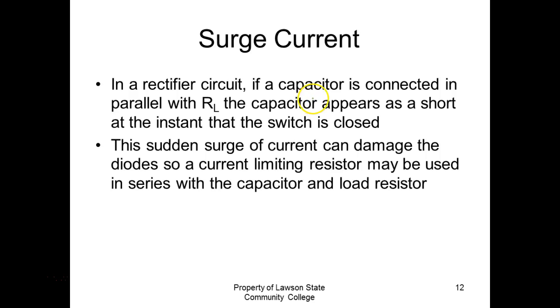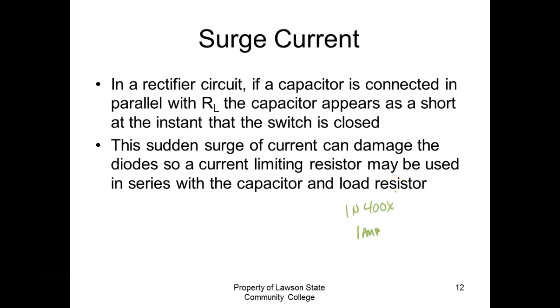By the way, when we have surge current, if a capacitor is connected across the load in a rectifier circuit, the capacitor appears as a short. At the instant the switch is closed, the sudden surge of current can damage the diode, so a current limiting resistor may be used. We usually don't have to worry about that with a rectifier diode. The diodes that we're using are 1N 40 something, and these are 1 amp diodes.